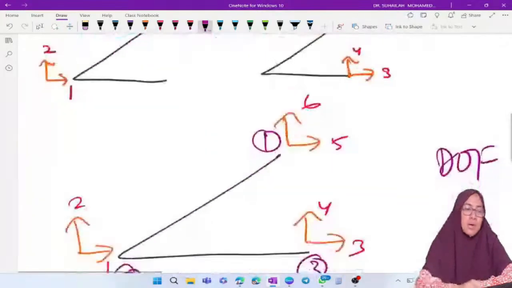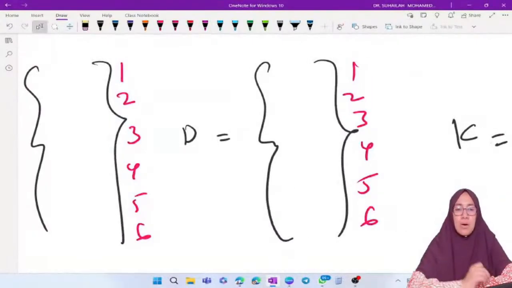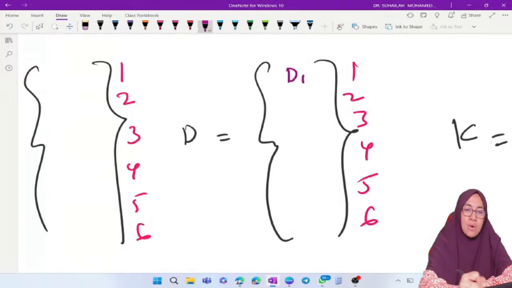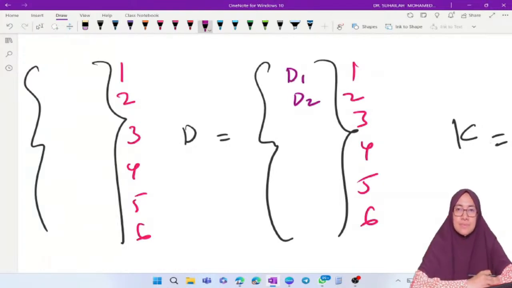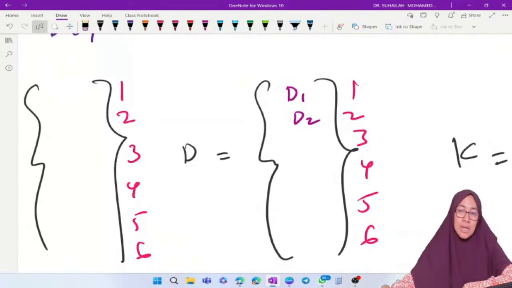So in the matrix for D, position 1 and position 2, D1 and D2, these two are the unknown displacements. So we have to remain as symbols first. So this is D1, this is D2. Means that we will solve for D1 and D2.